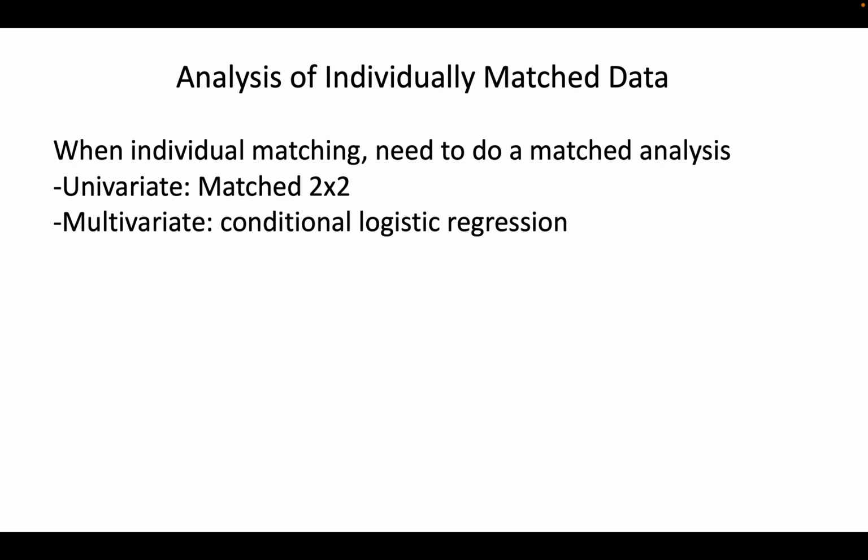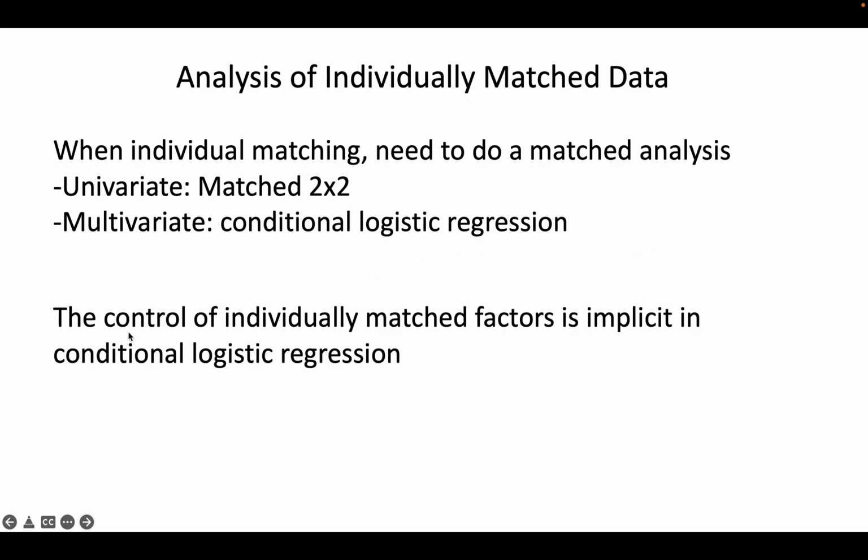That's not what's happening in either of these situations. It's more that the fundamentals of the analysis take the matching into account rather than simply controlling for it in the model. And that'll become clear in a second. So when you match individually, you need to do a conditional logistic regression or a matched 2x2.